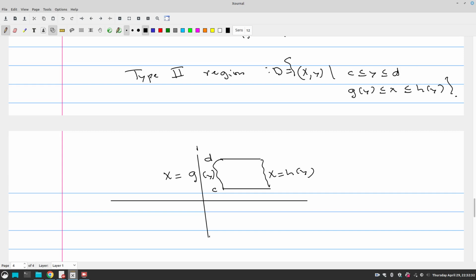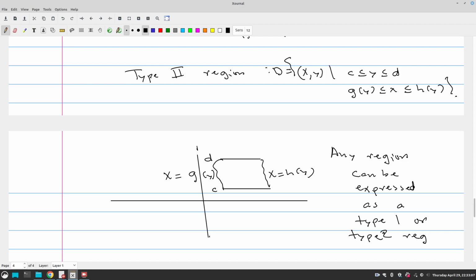So in fact any region can be expressed as both a type 1 or a type 2 region, right?